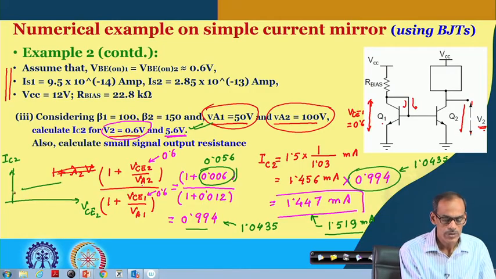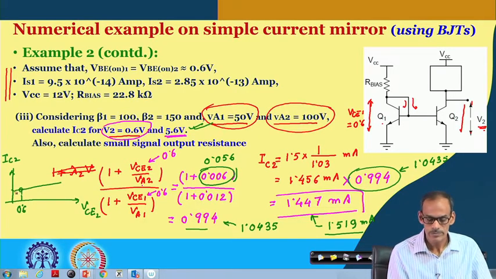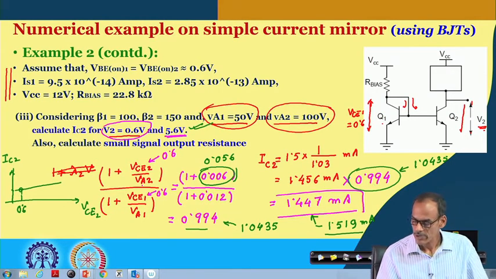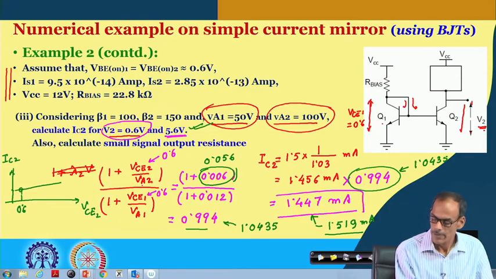So, at this point of 0.6 volt VCE2, we have the current 1.447.